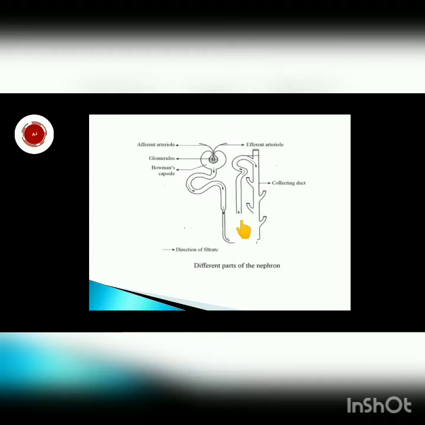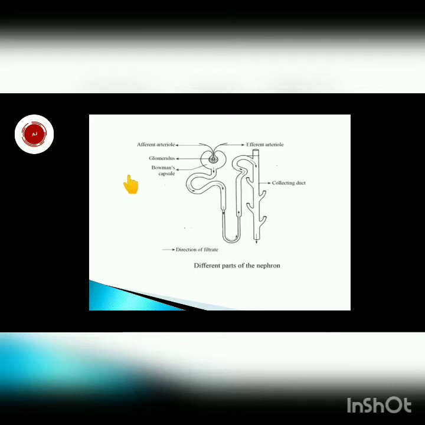And this tubule leads into a bigger tubule which we call the collecting duct. As the name indicates, this collecting duct collects the filtrates coming out from the tubules of so many nephrons. You can see several junctions; these denote the junctions of different nephrons. So this is the basic structure.